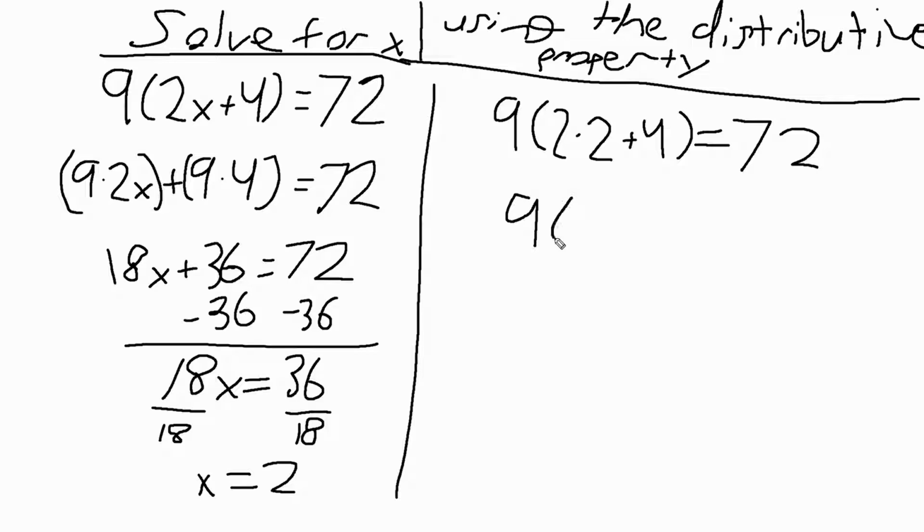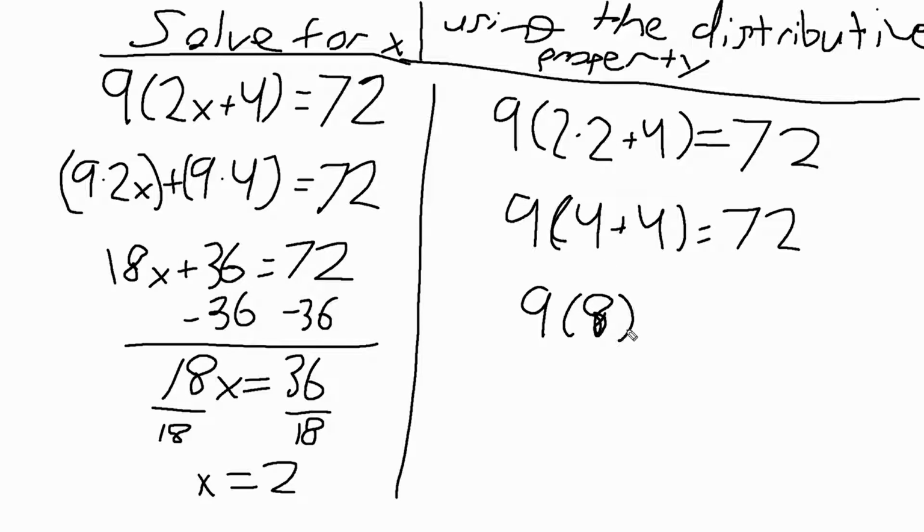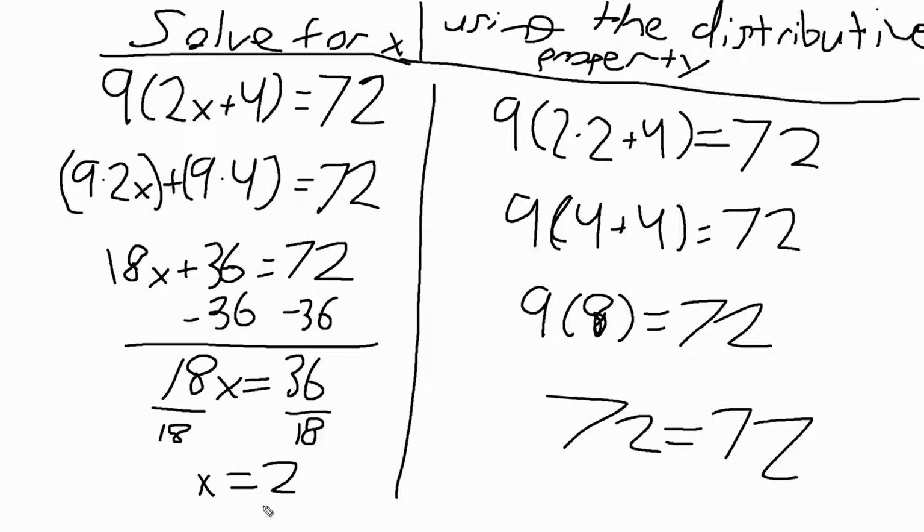First we have to do the parentheses. So we could see 2 times 2 is 4, plus 4, and then times 8, because that's what 4 plus 4 is. And we could see 72 equals 72, which means x is equal to 2.